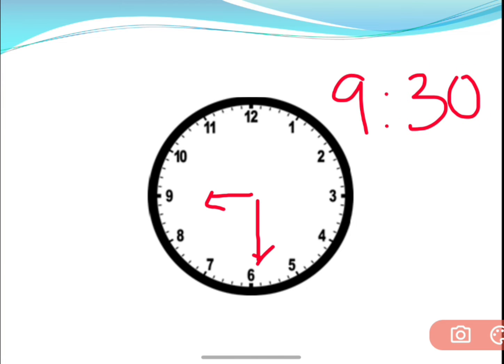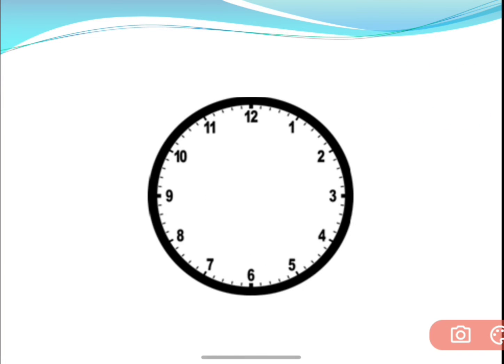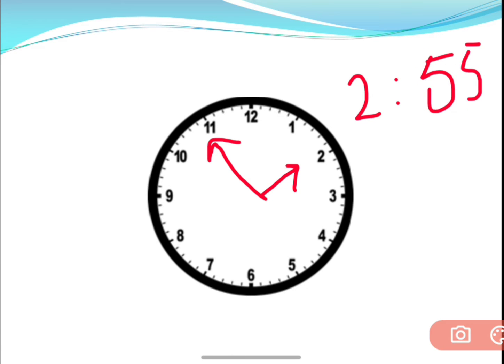So 9:30, in that way. And for example, if the short hand is pointing towards 2 and the long hand is pointing towards 11, you will write the same number 2 for the short hand, and for the long hand the 5 table. 5 elevens are 55, isn't it? So you will write 2:55.